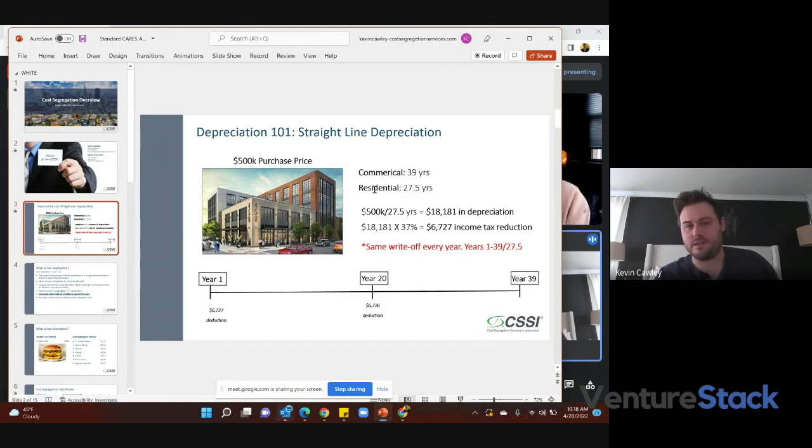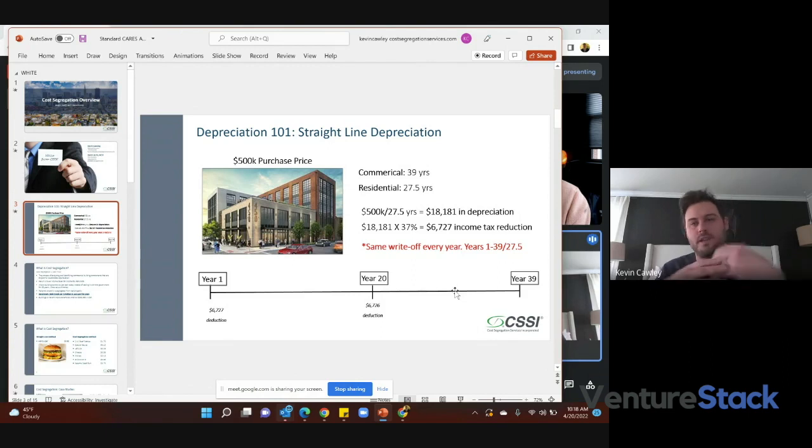This is straight line depreciation. 500K divided by the residential asset class gives me $18,181 in depreciation every single year. So year one, an $18,000 loss, a write-off. Year two, $18,181. Year three, four, all the way up to year 27 and a half for residential, or 39, or up until you sell it.